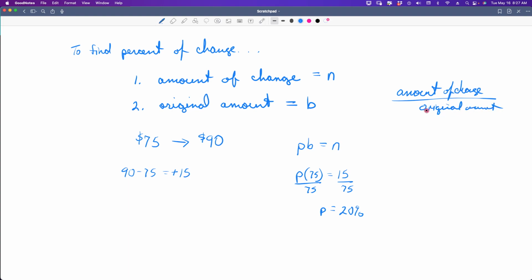So instead of P times B equals N, you can skip this whole step and go directly to P is equal to N over B. All right, so you can use this variation to show percent of increase or decrease.